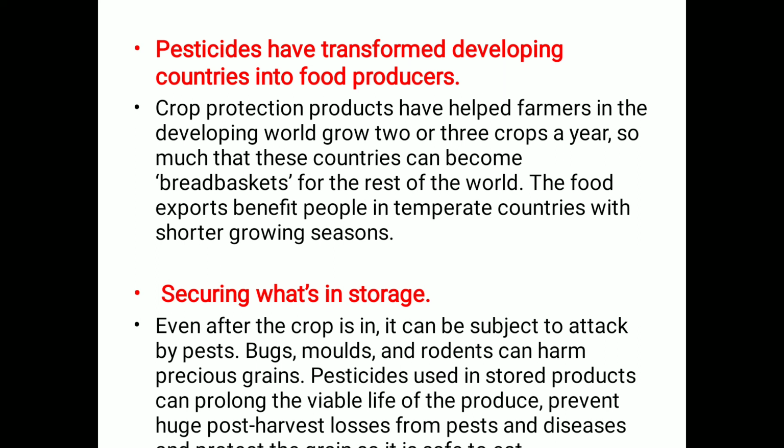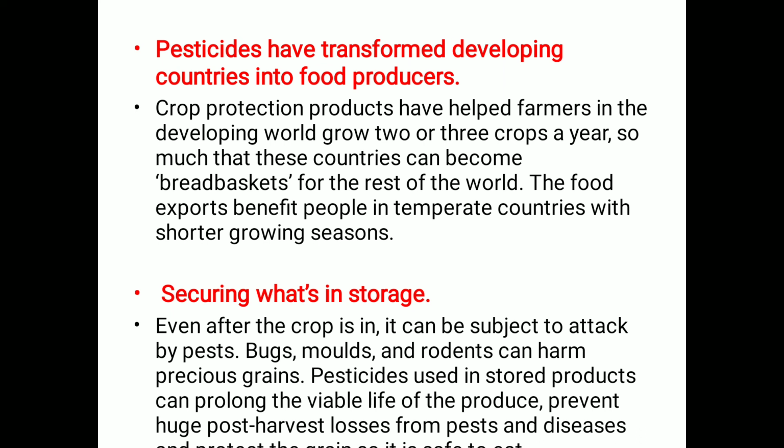Next, securing what's in storage. As we know, after harvesting, the product is stored in a storehouse, and during the storage period there is mold, fungal or bacterial infection. Sometimes different bugs and rodents can harm the agricultural produce. To control stored grain pests, most pesticides are available in the market.